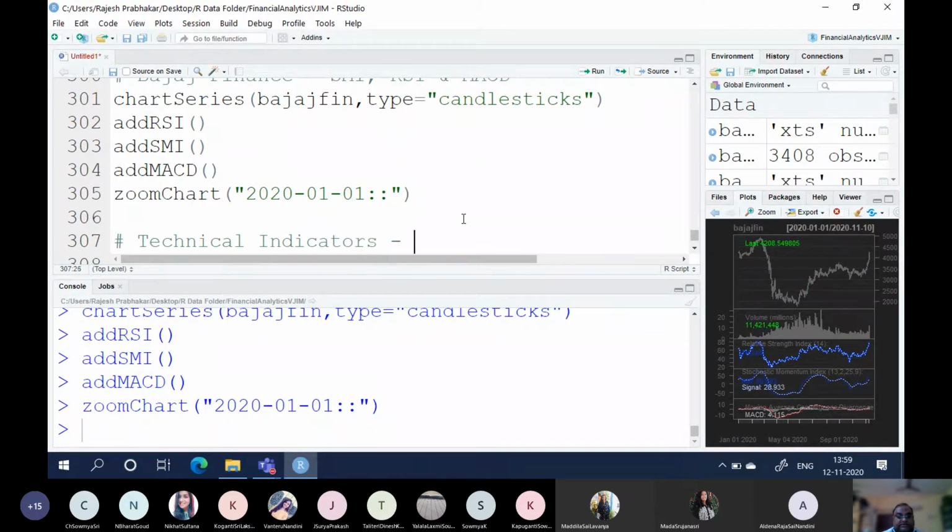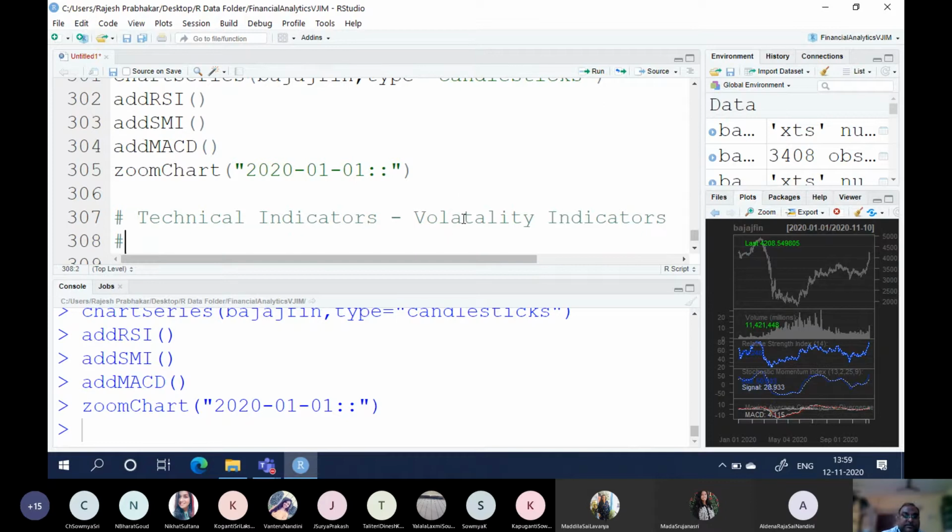Technical indicators, volatility indicators. So what is the primary volatility thing? I think volatility indicators are all lagging indicators.